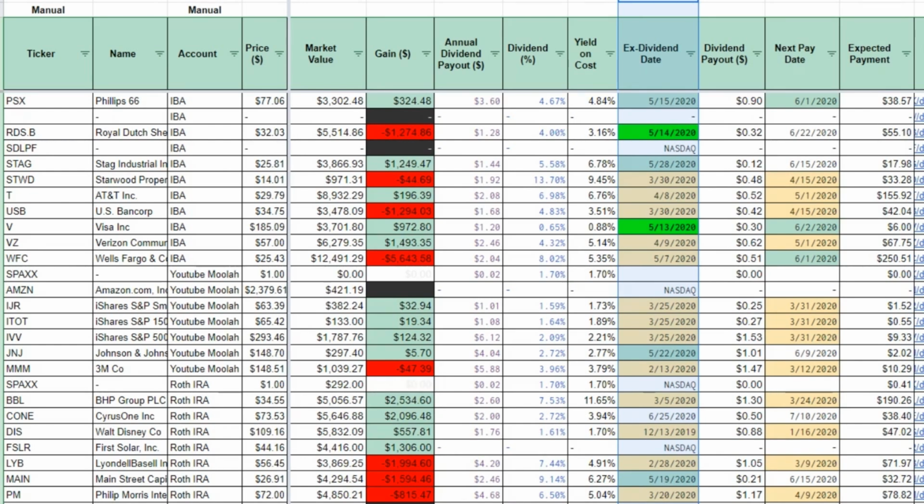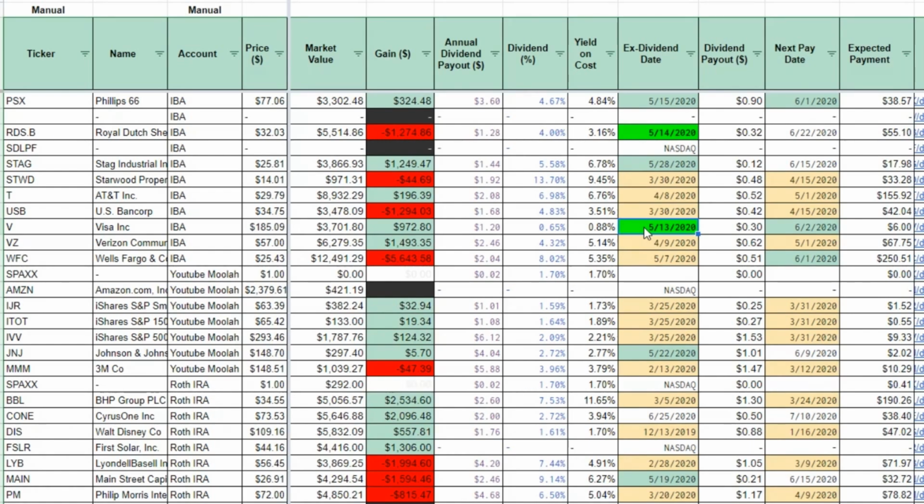What you see on here is a bunch of different ex-dividend dates going all the way down, for all the positions that I have that pay a dividend. Let's just take US Bank Corp, USB, for example. Next week on the 13th of May is the ex-dividend date for this company.